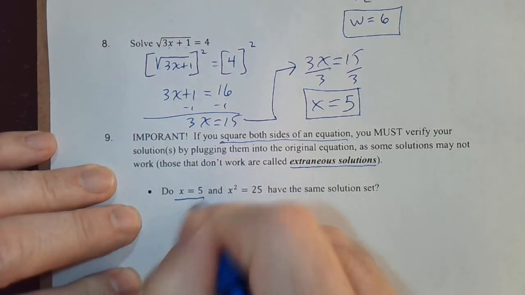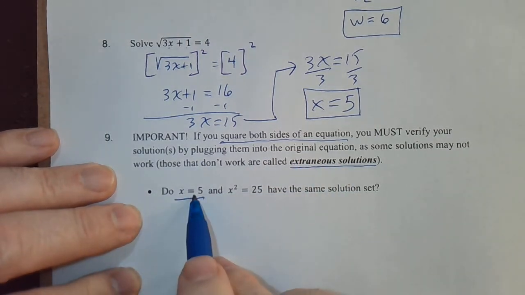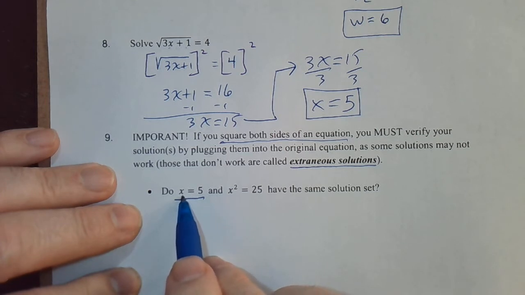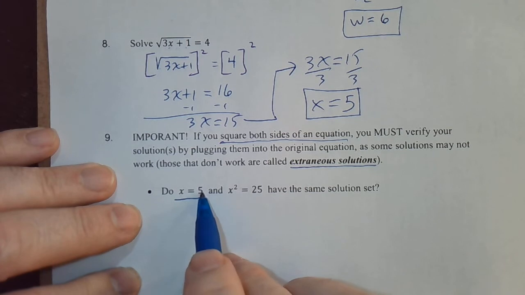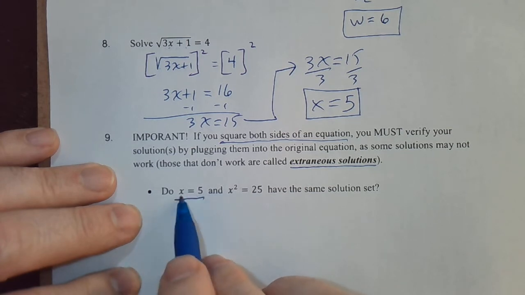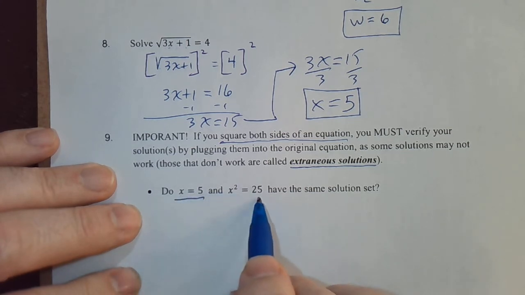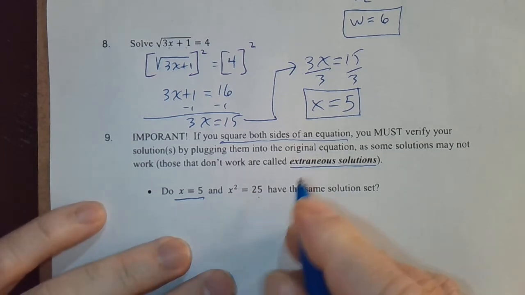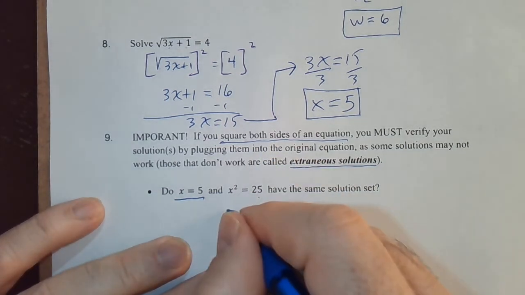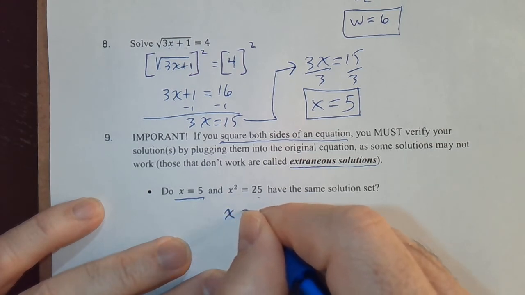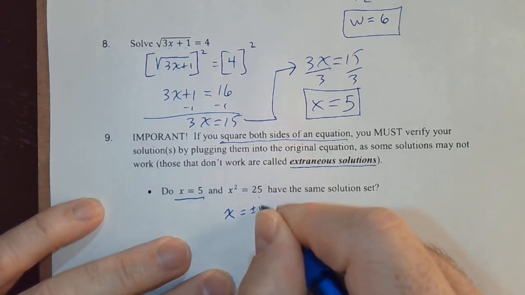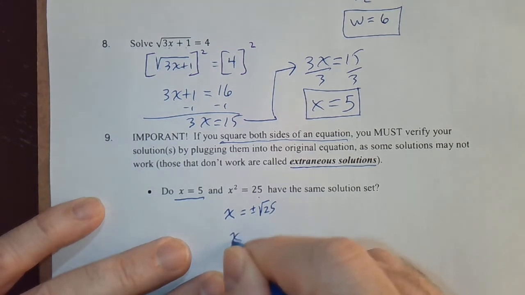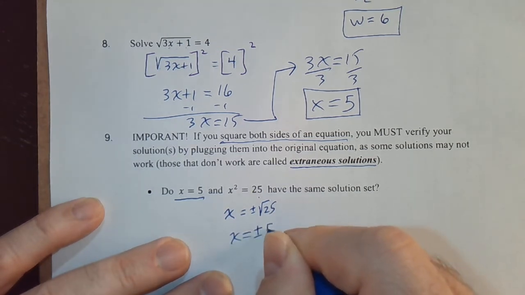Here's x equals 5, a simple equation. The solution set to this is 5. The only number that satisfies that is 5. What happens if you square both sides? You get x squared equals 25. Well, what's the solution to x squared equals 25? If you use the square root property, you get x equals plus or minus 5.